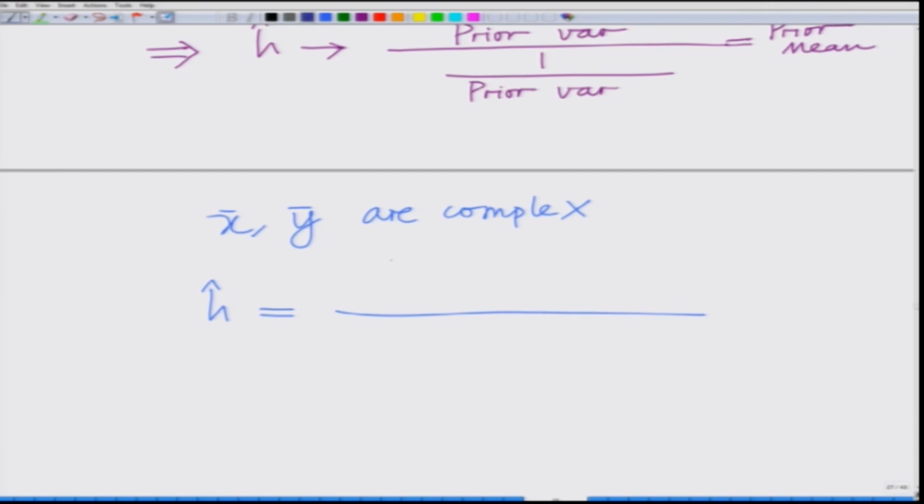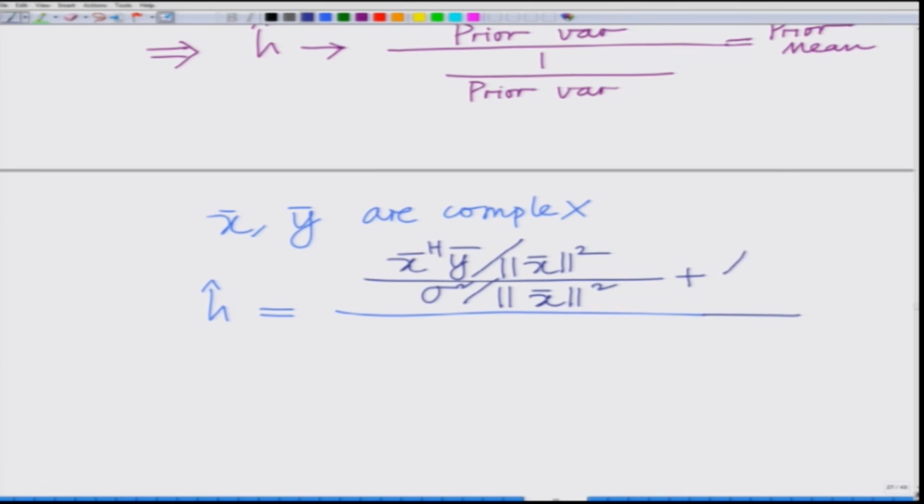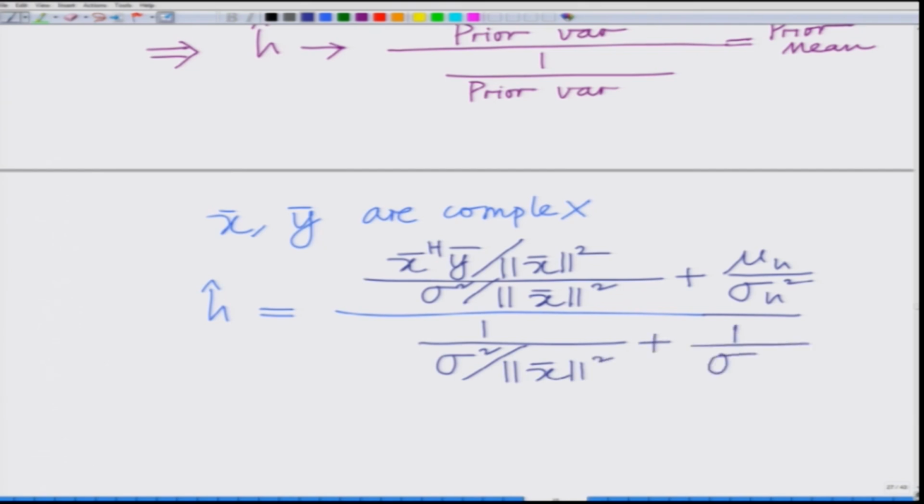So, we are going to have the MMSE estimate is x bar Hermitian y bar divided by norm x bar square, so nothing changes except the transpose is replaced by the Hermitian, plus mu h divided by sigma h square, and of course, the denominator remains the same, 1 by sigma square divided by norm x bar square plus 1 by sigma h square. Okay. So, that is the expression for the MMSE, and this estimate is going to be complex.